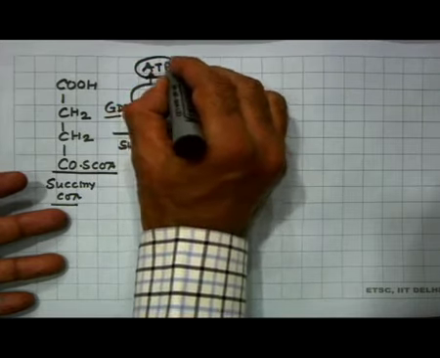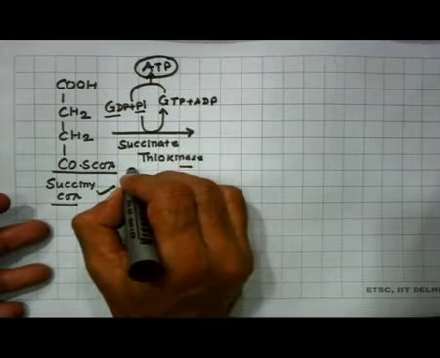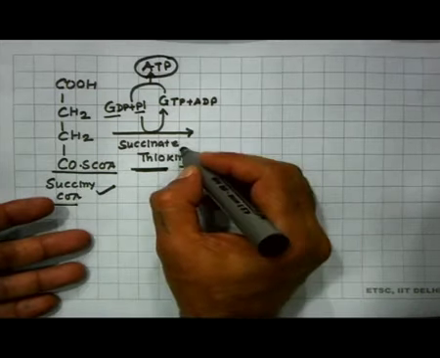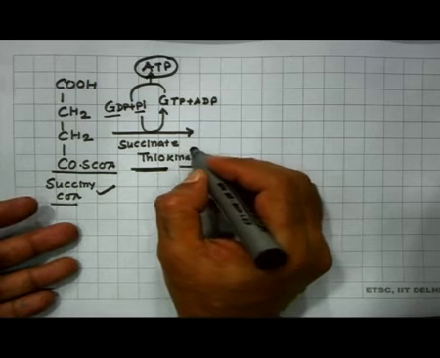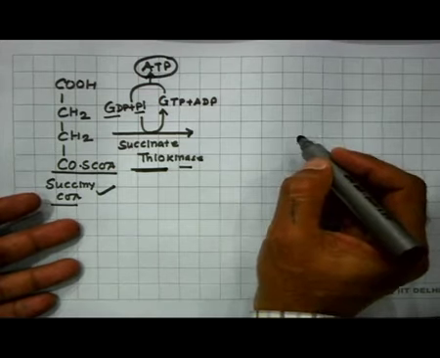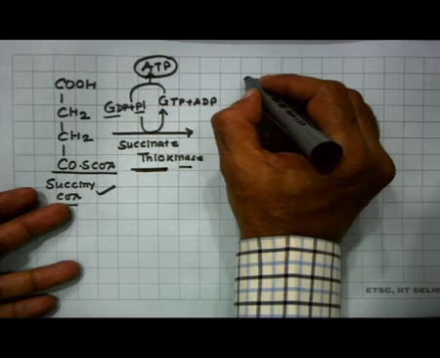Here ATP is formed from the substrate directly. So, this reaction is called substrate level phosphorylation. This substrate level phosphorylation also takes place in photosynthesis in non-cyclic phosphorylation. Now, the succinyl coenzyme is converted into succinic acid.